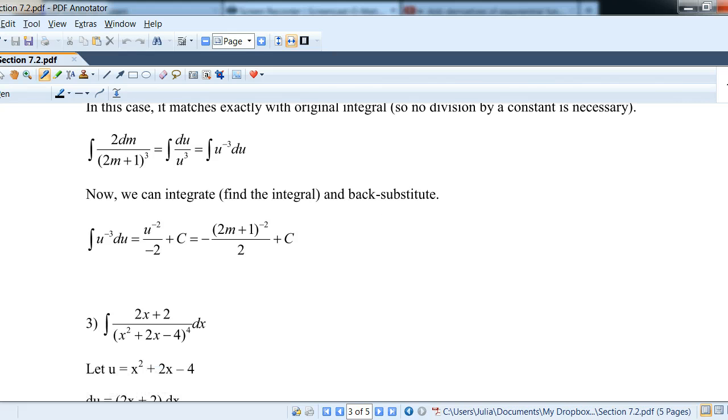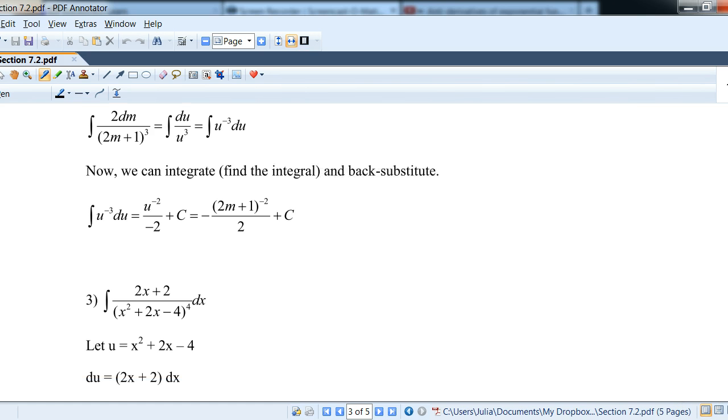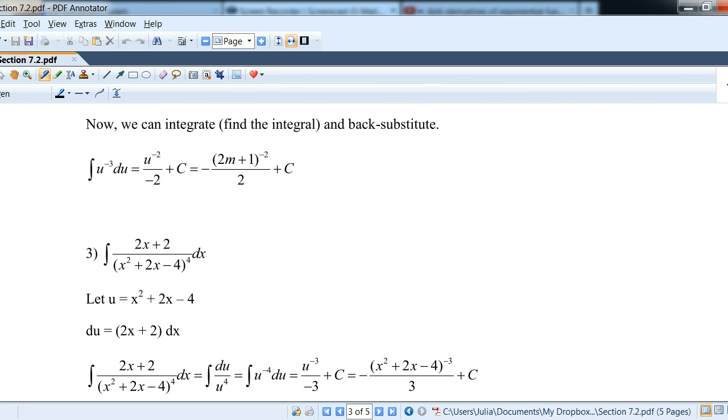Okay, the next example is very similar if you have x squared plus 2x minus 4. But let's take a look how that works. If we take the derivative, we're getting 2x plus 2. Don't forget times the dx. So I put that in parentheses just to make sure we're multiplying. It does match exactly again. So now I believe we can substitute.